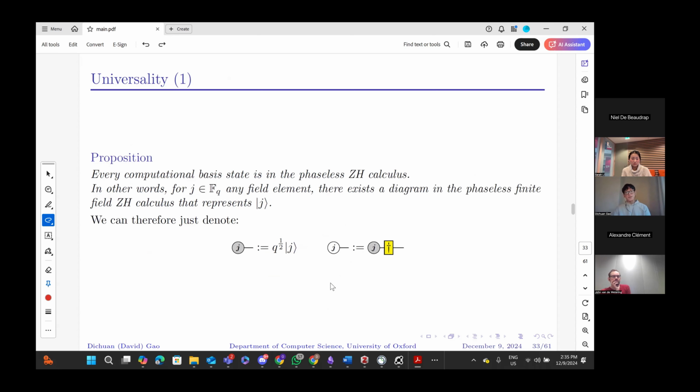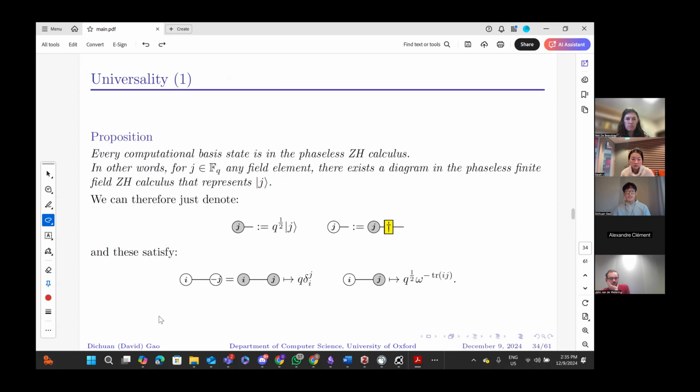So that allows us to just use the shorthand where an X lollipop labeled by j, for arbitrary j in FQ, is just going to be this state. And then a Z spider labeled with j will just be defined as the same X spider, but transformed by a Hadamard. And these lollipops will satisfy what we usually expect for a pair of Fourier bases.